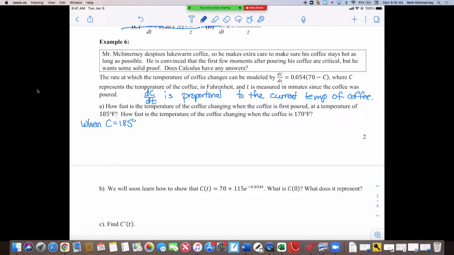So when C is 185 degrees, we want to know how fast the temperature is changing. So that is the derivative. And remember to include units.